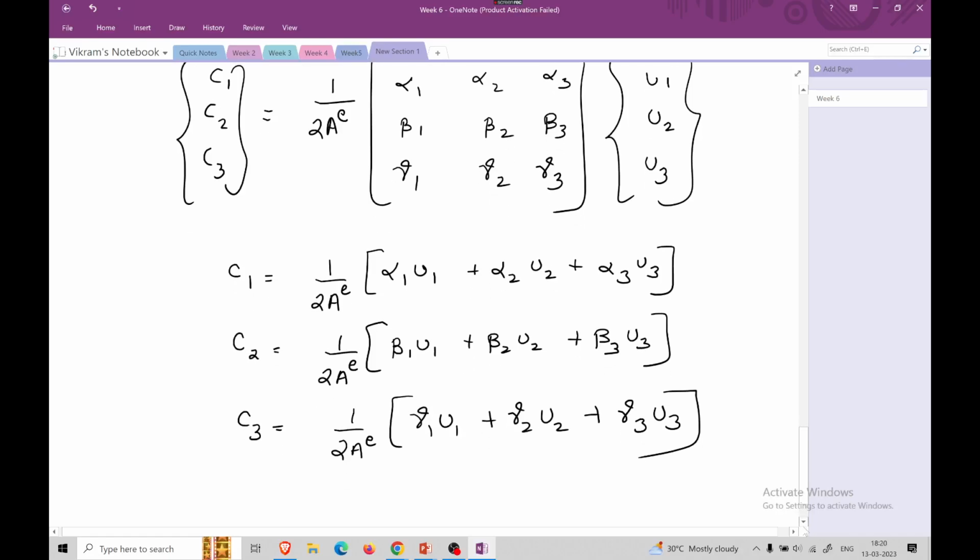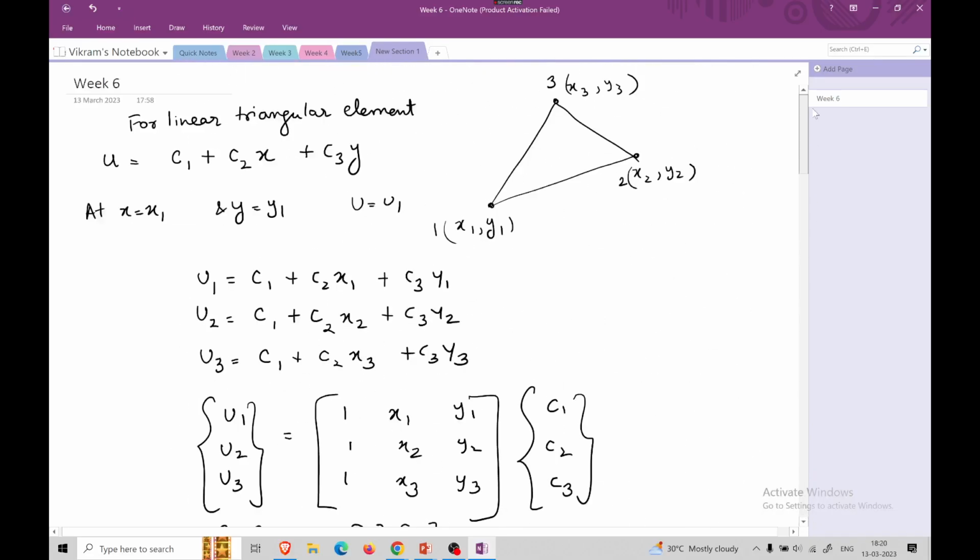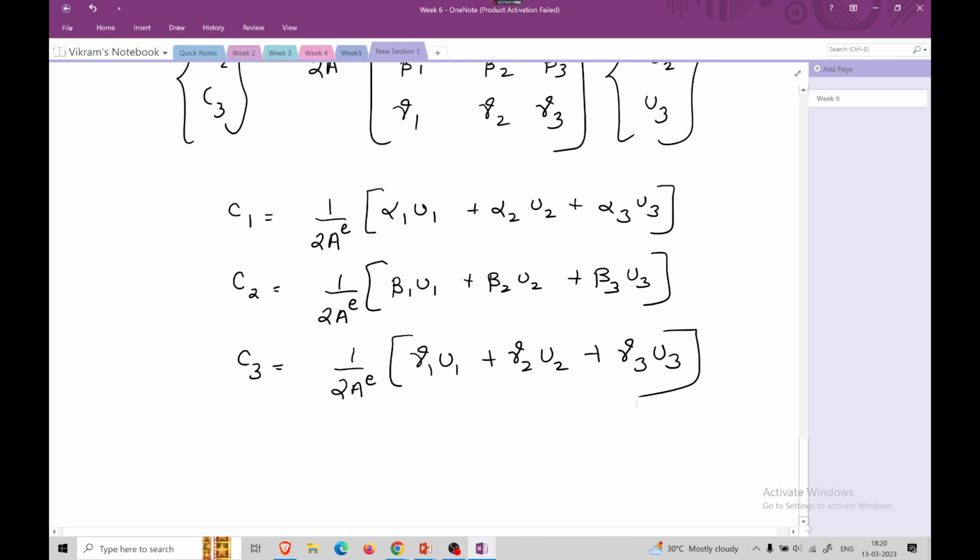So like this I have finally got C1, C2 and C3. Now in the very first equation which we mentioned, I am going to substitute these values.